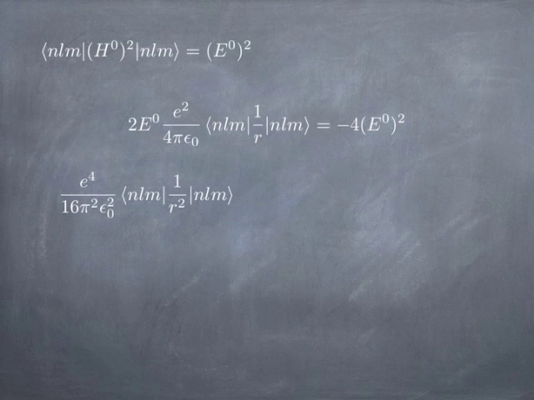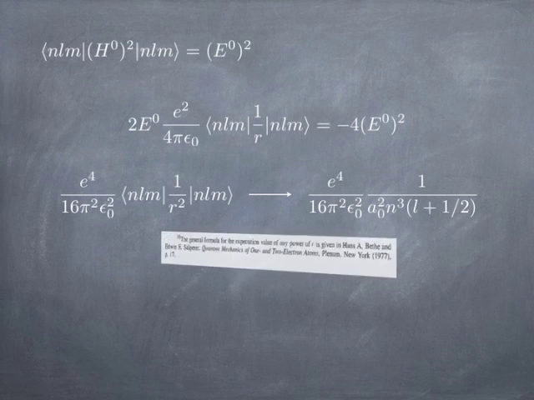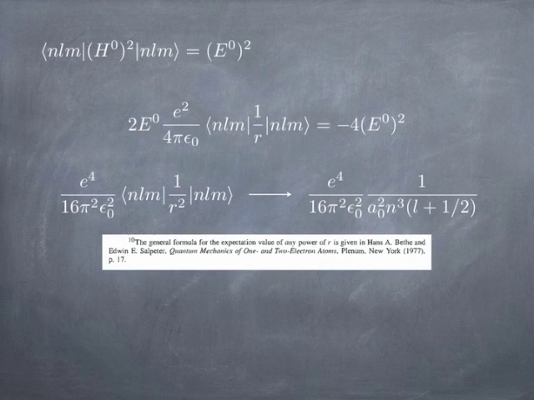But the last term is the 1 over r squared term, and for that you do need to do an integral. The integral turns out to be like this. It has an L plus a half in the denominator and an n cubed down there. There is a complete treatment of all this in Hans Bethe and Edwin Salpeter's Quantum Mechanics of One- and Two-Electron Atoms. You can look that up if you want to, but basically I'm just telling you the answer.